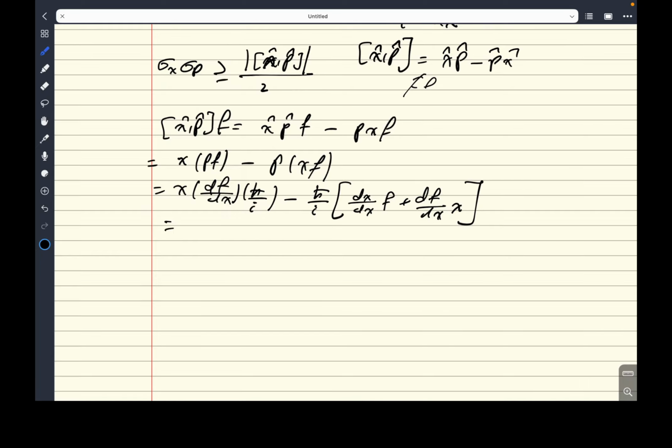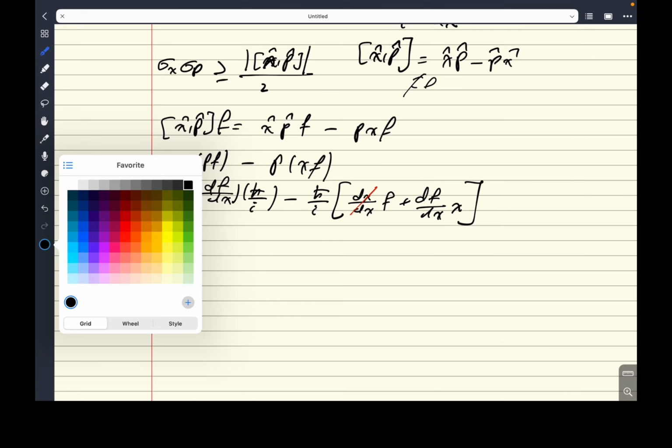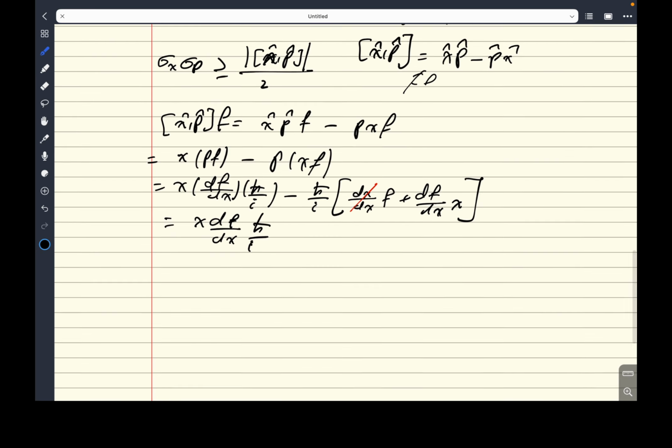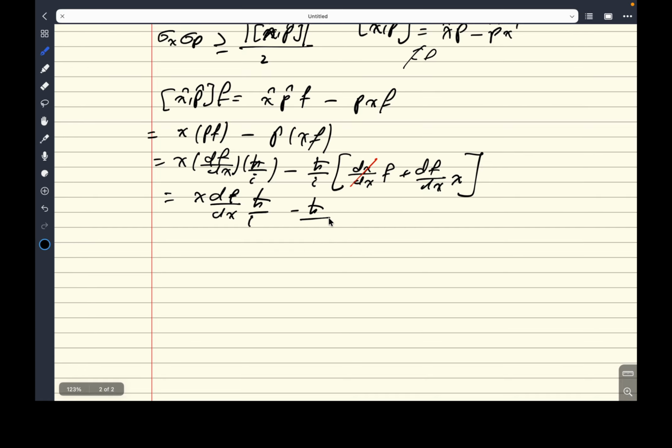This is going to be simply 1, because dx over dx is 1, and I can use the expansion to simplify this more.